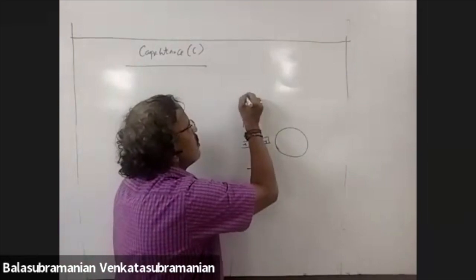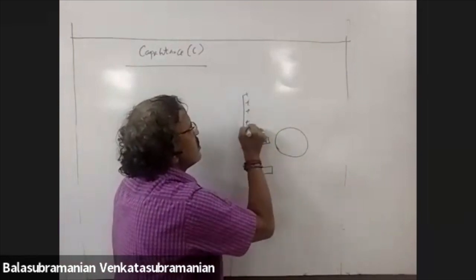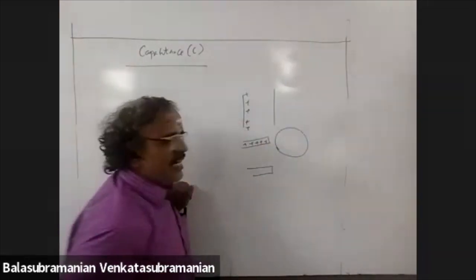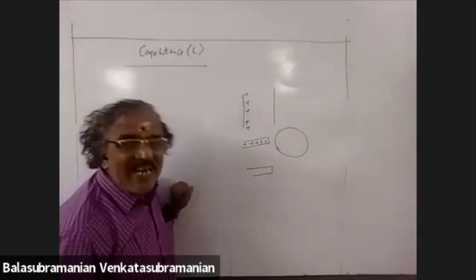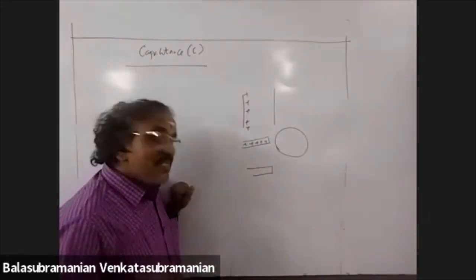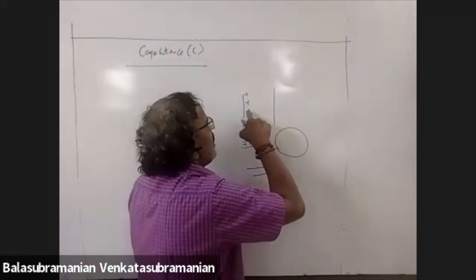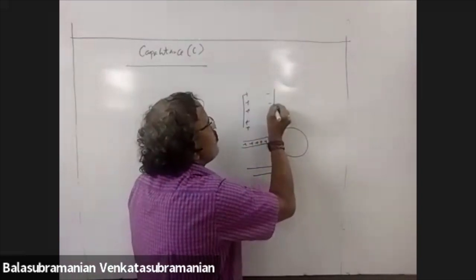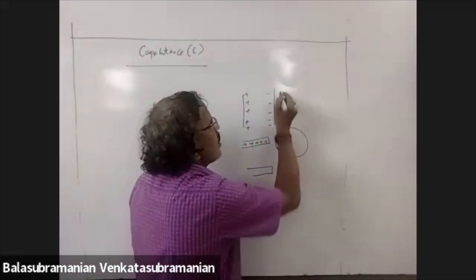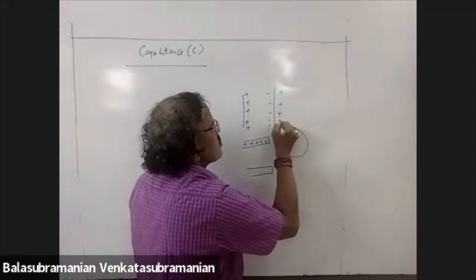I have a positive charge here, and the conductor nearest to it will have the opposite charge, while the farther end has the like charge.